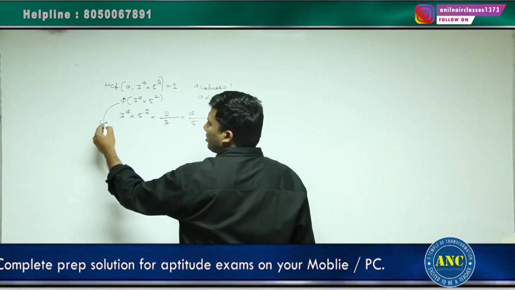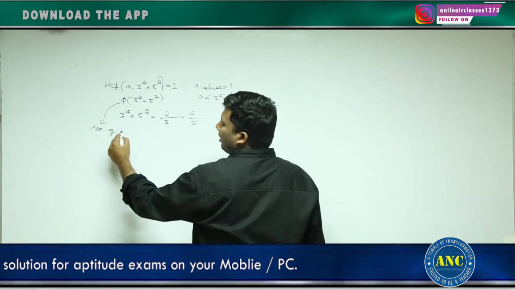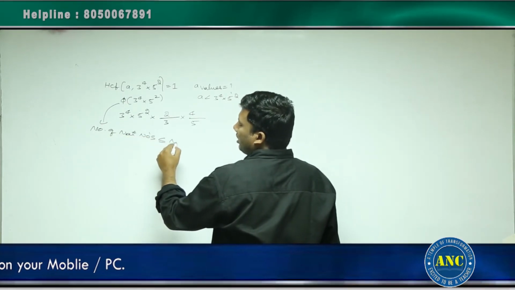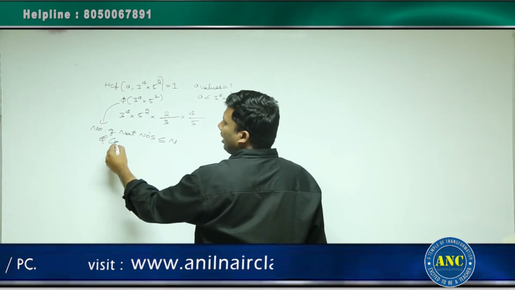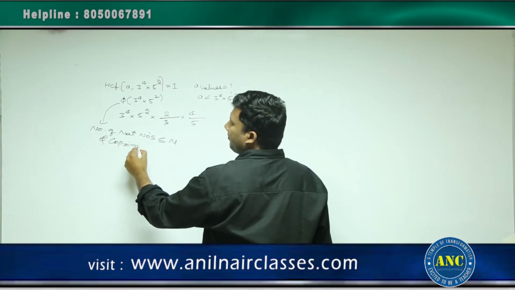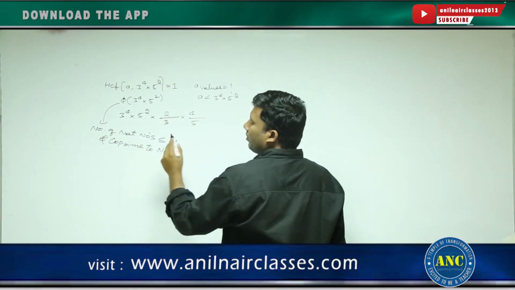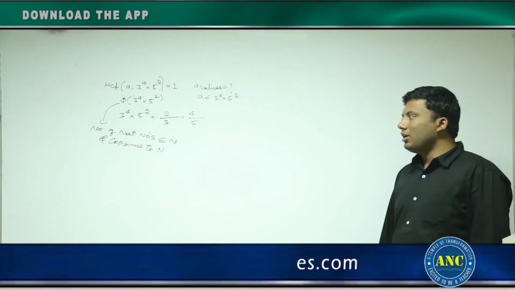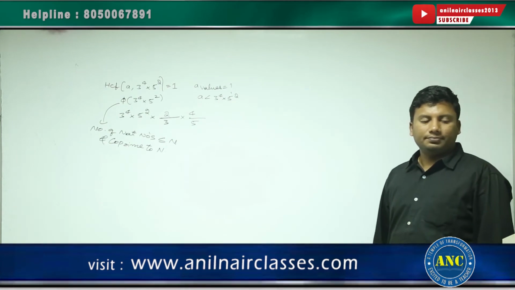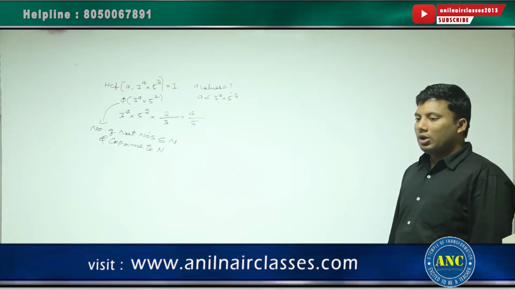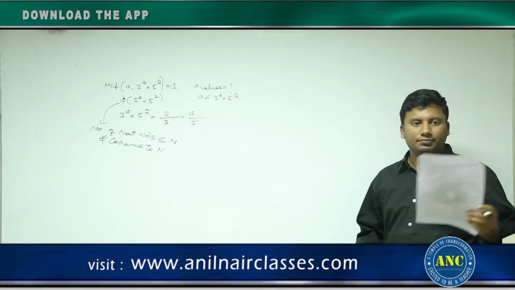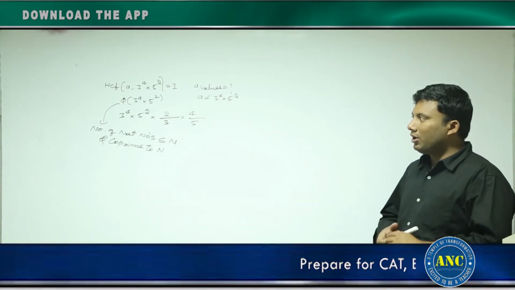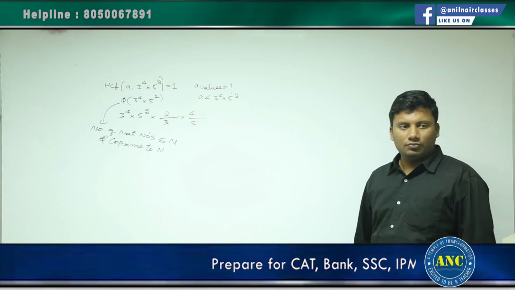This is nothing but the totient function, given by the number of natural numbers less than or equal to n and coprime to n.